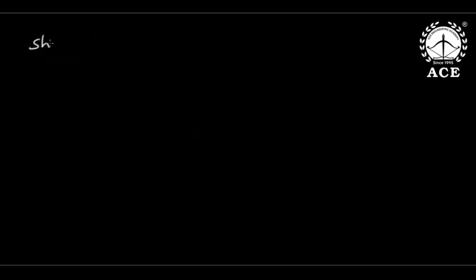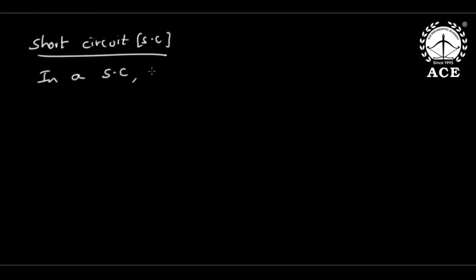Then short circuit, SC. Now let us understand. In a short circuit, the voltage across shorted terminals is zero for any current. The remaining current depends upon the remaining path impedance.